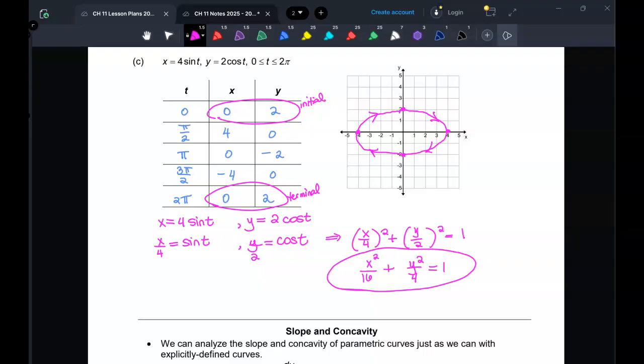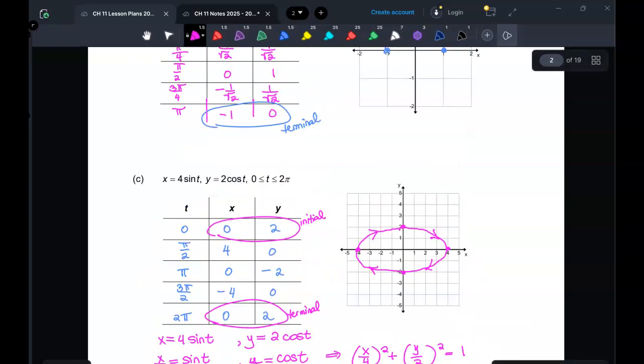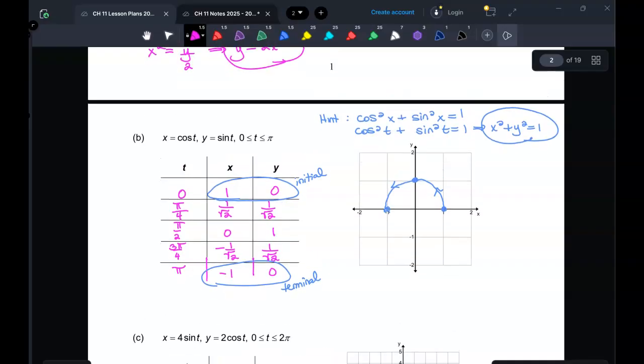to? Well, because we're using this idea that sine squared theta plus cosine squared theta equals 1, I'm literally substituting, right? What was sine of t equal to? X over 4. So I'm just taking that. On the previous one, I already had cosine equal to x and sine equal to y, so I just had to square the x and square the y, and that has to be equal to 1.